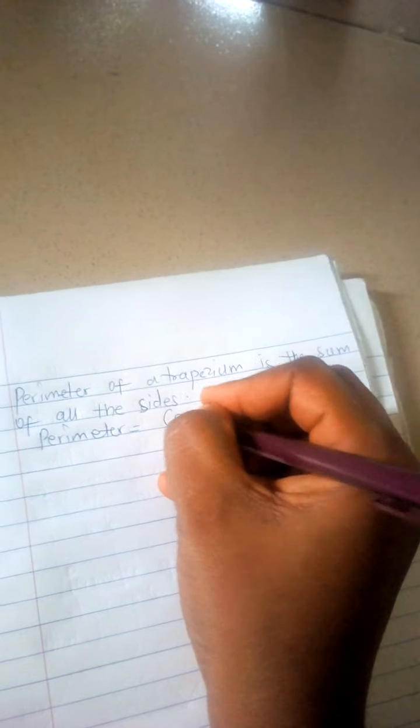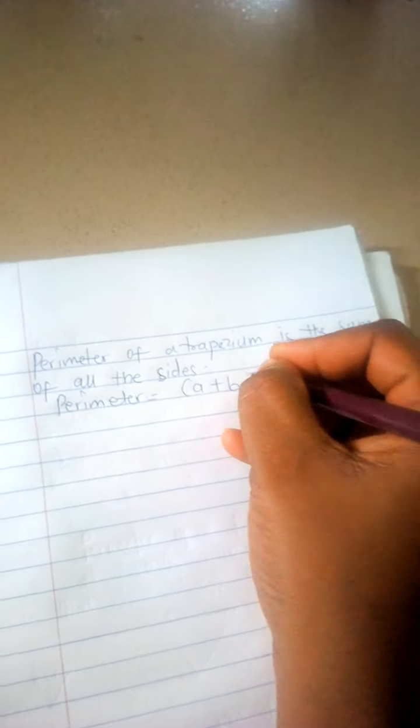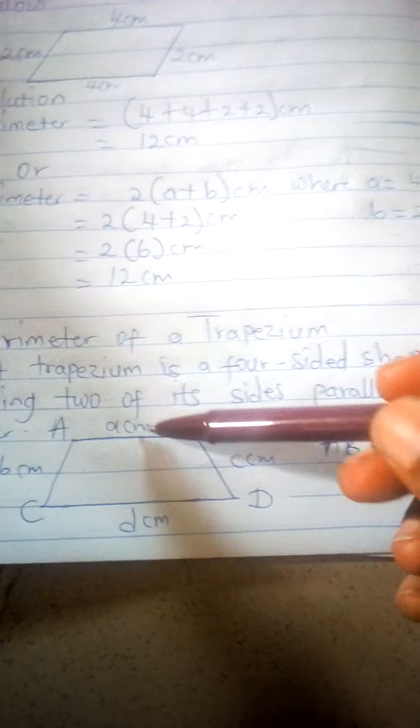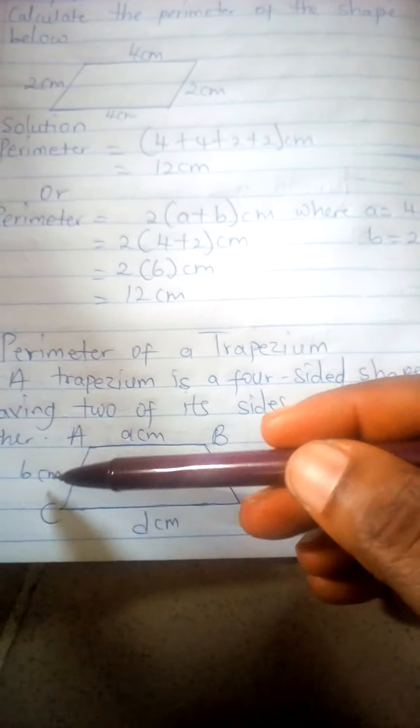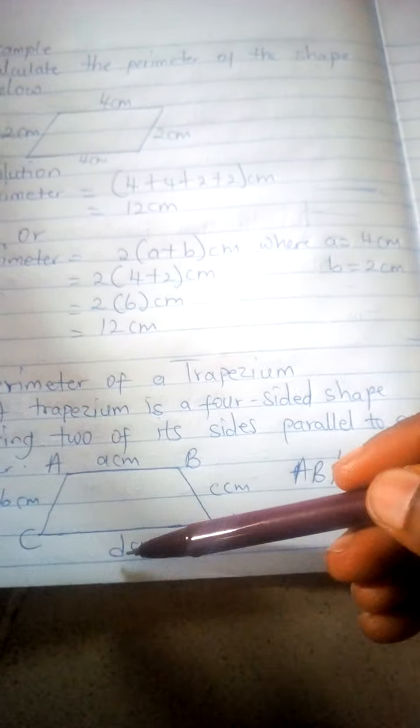That's perimeter. So that means perimeter is equal to, put it in bracket, A plus B plus C plus D, all in centimeter. Sum the sides. Now, we solve an example. I hope you are following. Don't be tired.